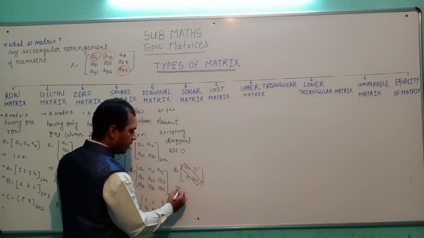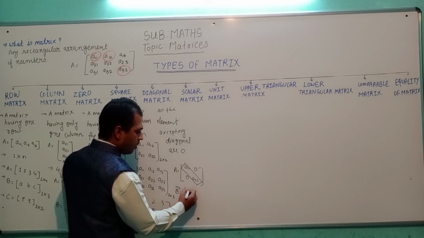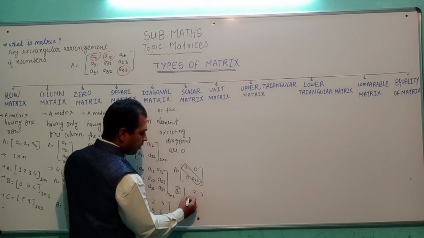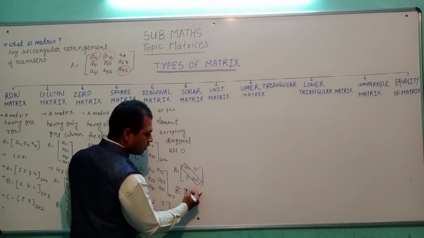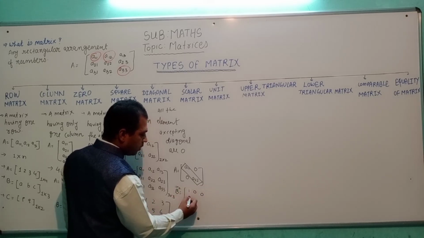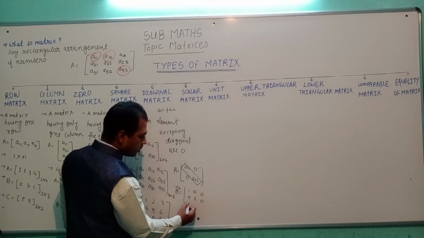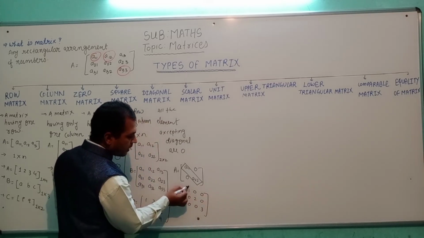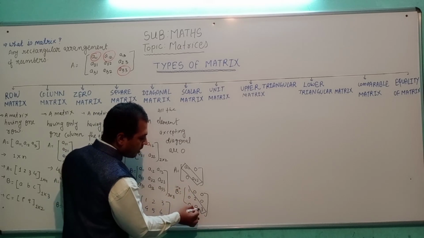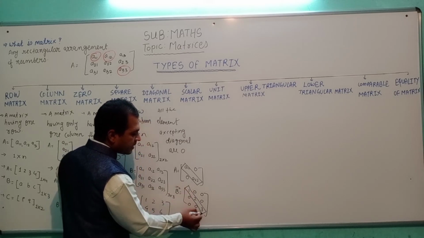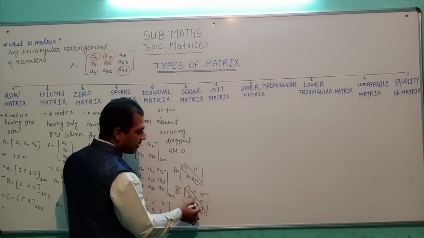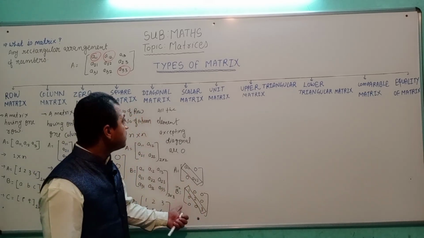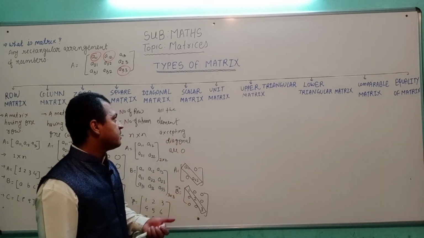See another example, B: 1 2 3, 1 0 0, 0 2 0, 0 0 3. Okay students, I think you have understood that all the elements excepting the diagonal are 0. It means this is a diagonal matrix.